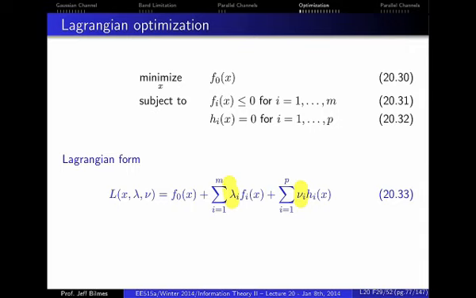I should also mention, because it's not clear, that we can turn this into a maximization problem by taking negative f naught. And we can have a constraint that is less than or equal to 0 turn to greater than or equal to 0 by taking negative f of i, and so on and so forth. By multiplying by negatives, this is general.